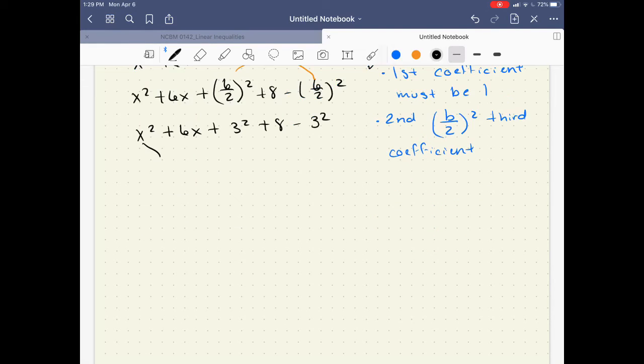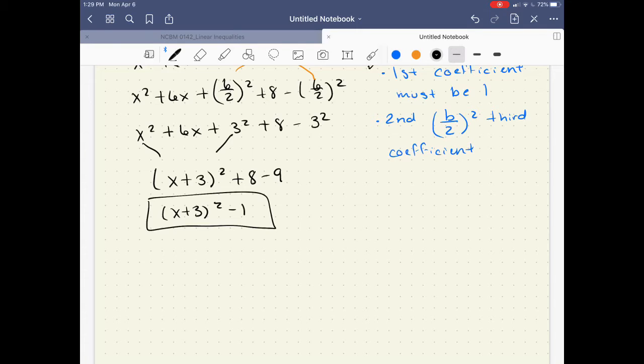Now I'm going to factor from these two right here. So this becomes x plus 3 squared plus 8 minus 9. X plus 3 squared, 8 minus 9 is negative 1. So this is our standard form.